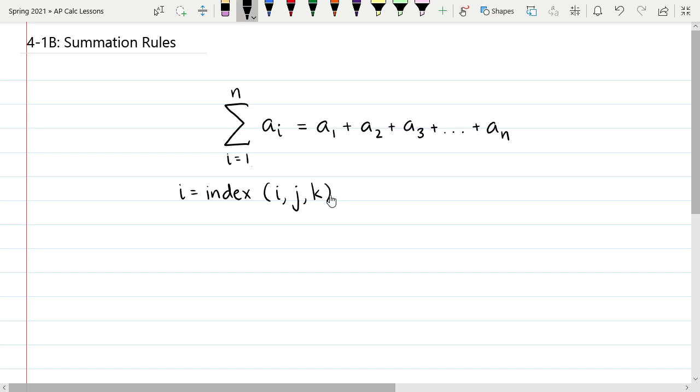All right. The 1 that I equals is referred to as the lower bound. And it doesn't have to be a 1. The lower bound could be any number, but the lower bound is most often going to be a 0 or a 1. And in most of the situations that we're working with in this course, it's going to be a 1. The n up at the top, that's referred to as the upper bound.